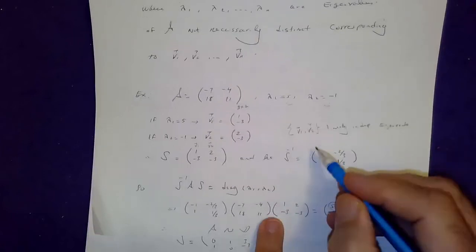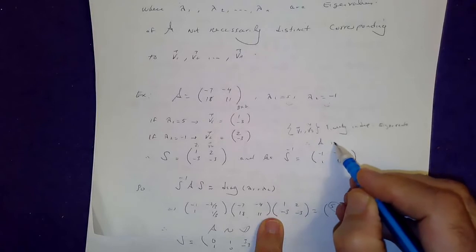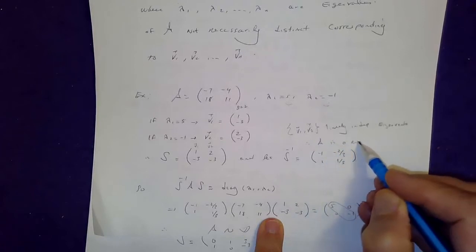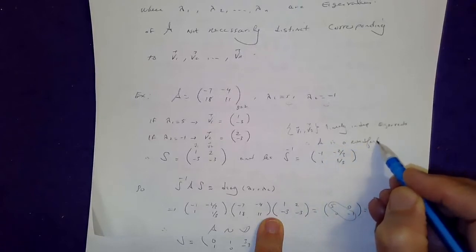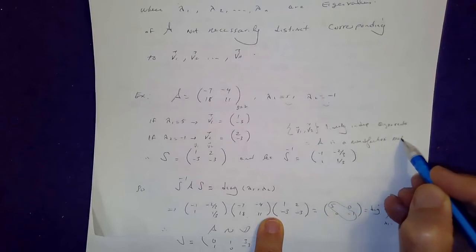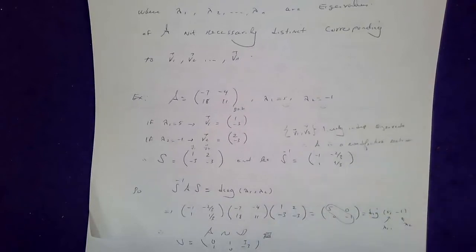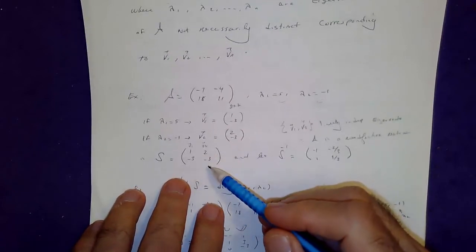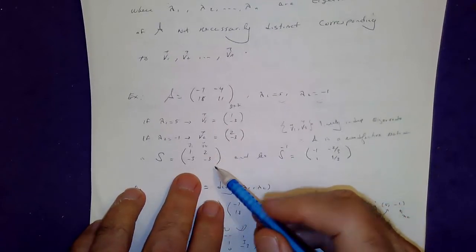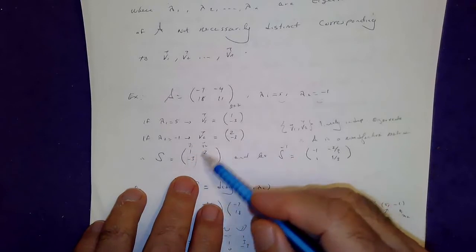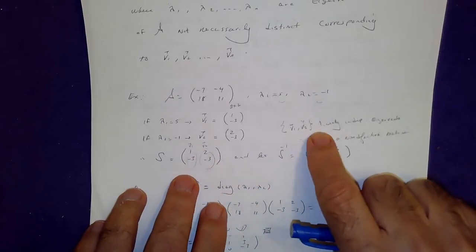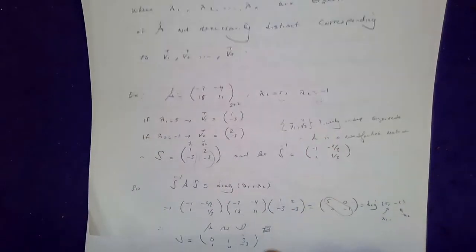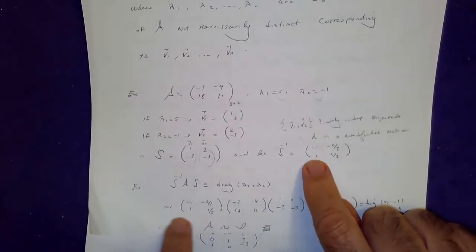Eigenvectors. Therefore, the conclusion is, look, A is a non-defective matrix because it has a complete set of linearly independent eigenvectors, correct? Therefore, S exists, and S is a square matrix whose columns happen to be the eigenvectors of matrix A. Then we have to find S inverse.